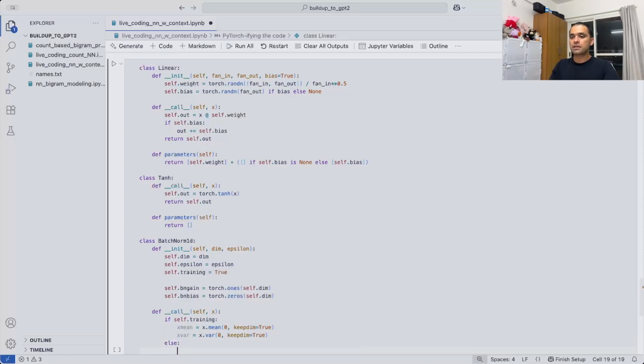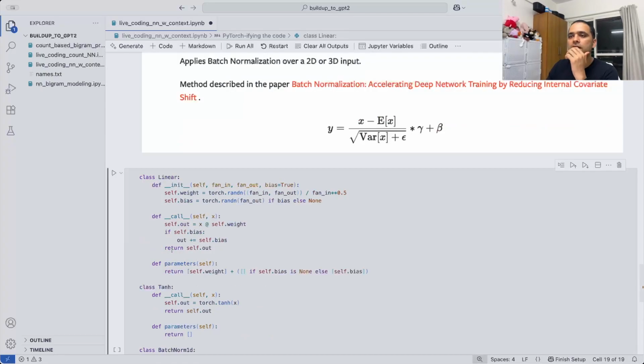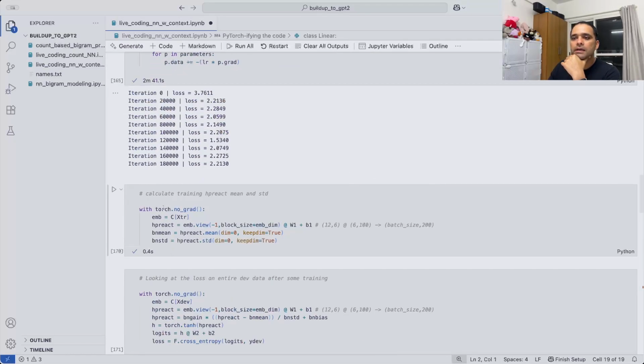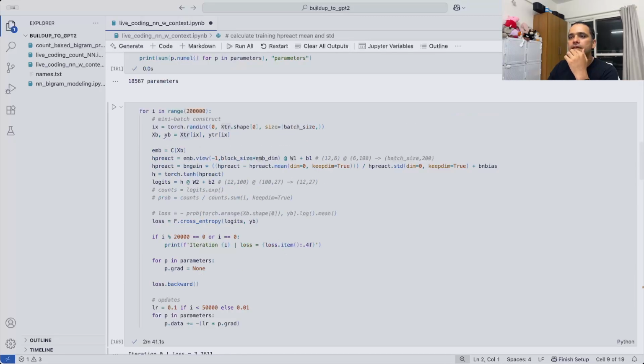If this is not the case, then x mean is... You see how in our previous explanation we separately ran a cell to calculate the BN mean and BN standard deviation and fix them for the entire training set. There's another way we can do this: while training, with each iteration we can calculate the running mean and running variance.